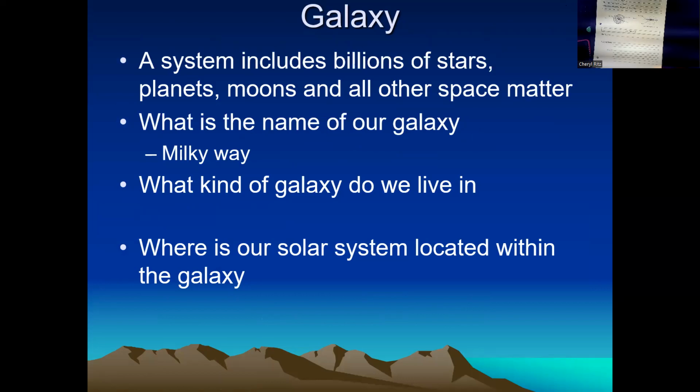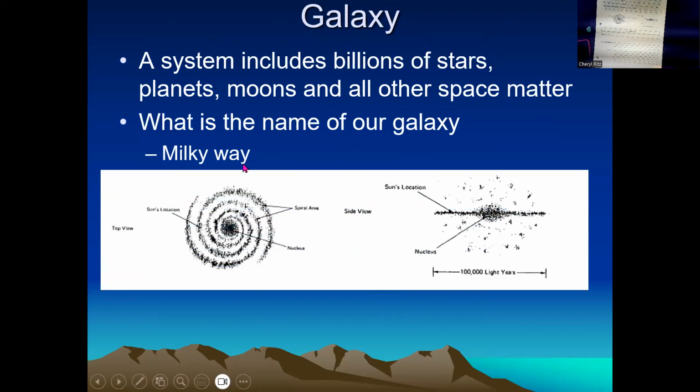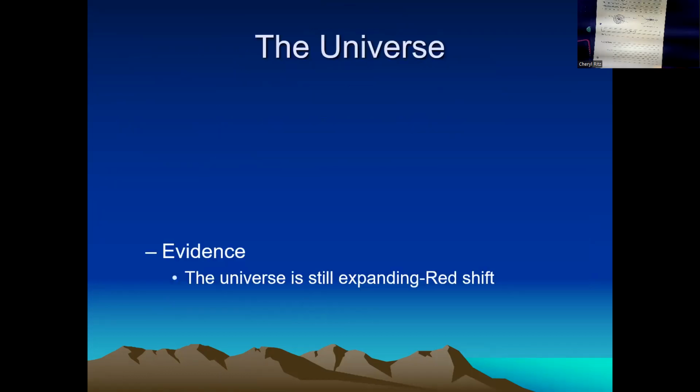We live in the Milky Way galaxy, which is a spiral galaxy, just like that picture you have there. We're right about there, on one of the spiral arms.